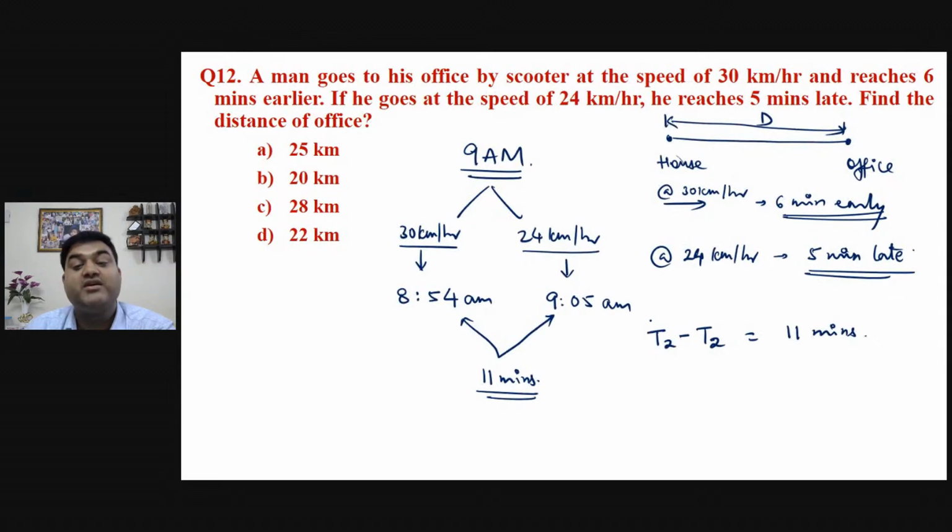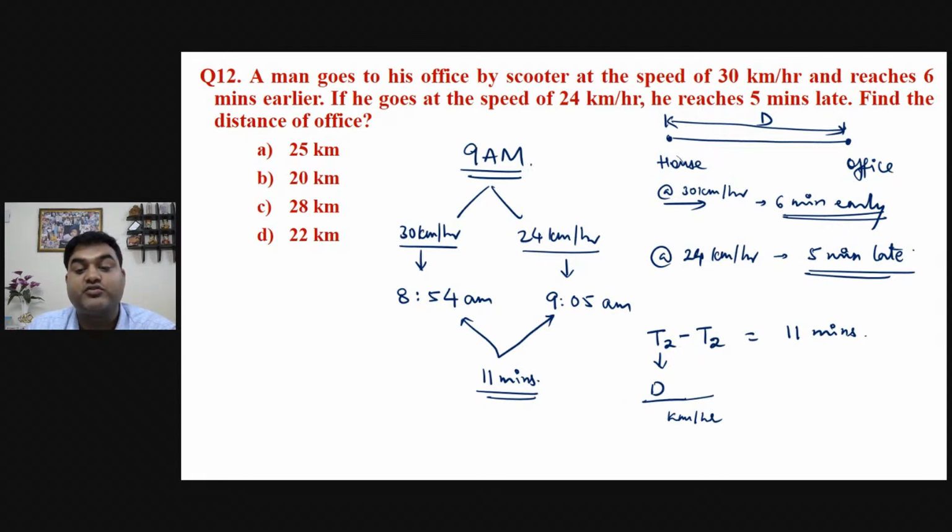T2 minus T1. T2 is the time taken this time. Why? Because this time he is late, so he will take more time. Suppose that will be T2. How to find time? Suppose the distance is D. Distance by speed. What is S1? 30 kilometers per hour, sorry.